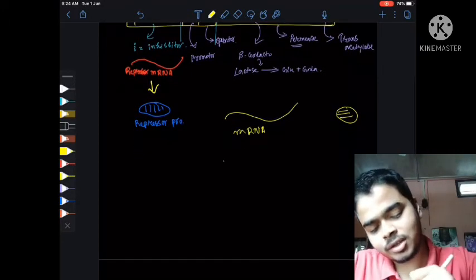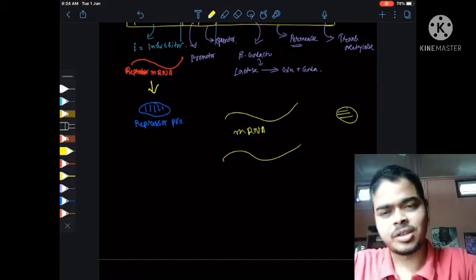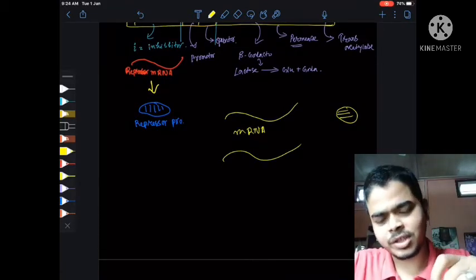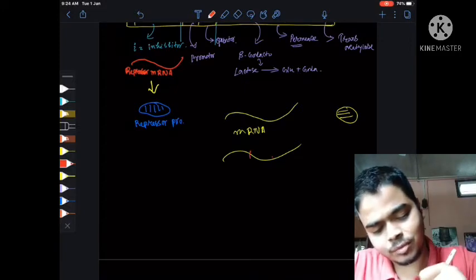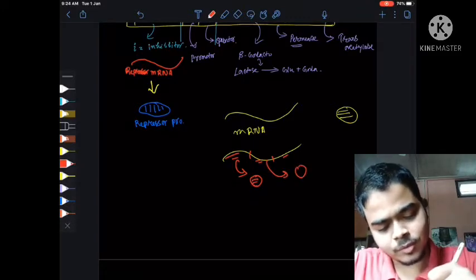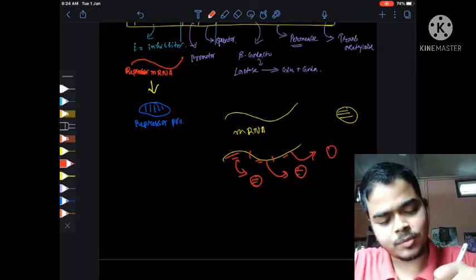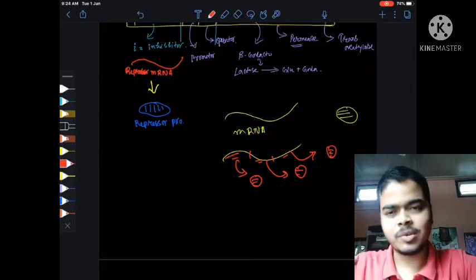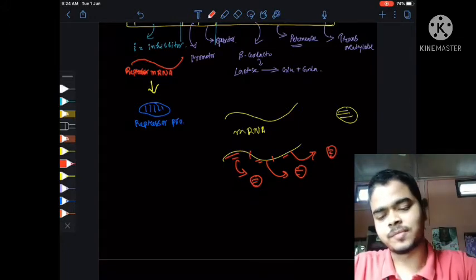But in prokaryotes, these genes are polycistronic. That means one mRNA contains information of more than one gene. That means this part will form a protein, this part will form another protein, this part will form yet another protein, right?